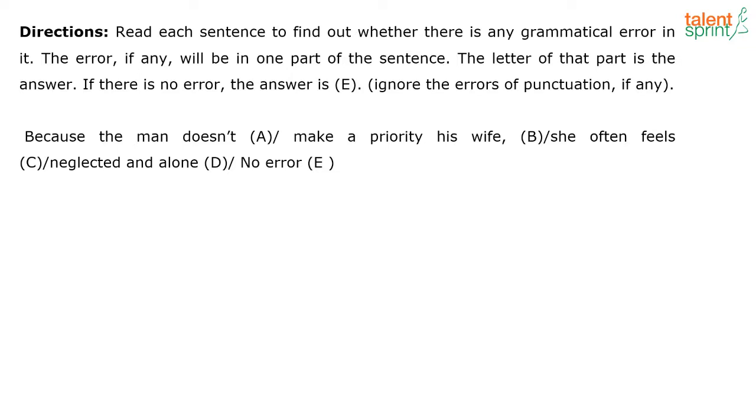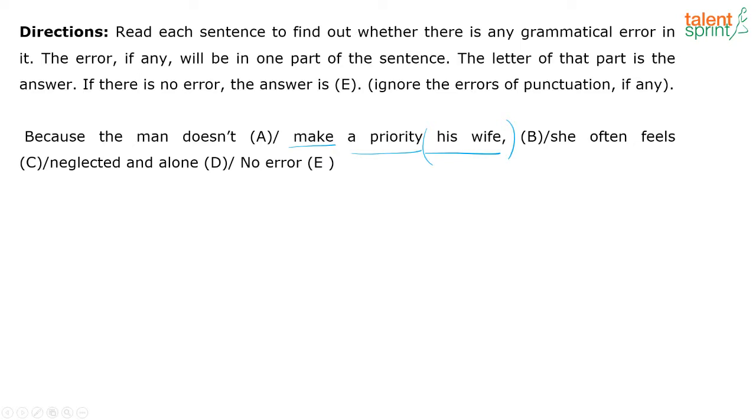Priority after preposition will come. See, in part B actually there is no preposition. I have make, which is the verb, a priority, which is a noun phrase, with the indefinite article, and his wife, possession. His is the possessive pronoun, wife is the object.